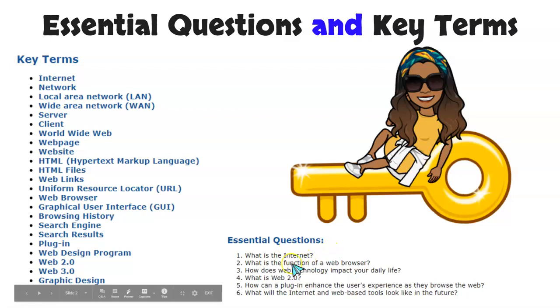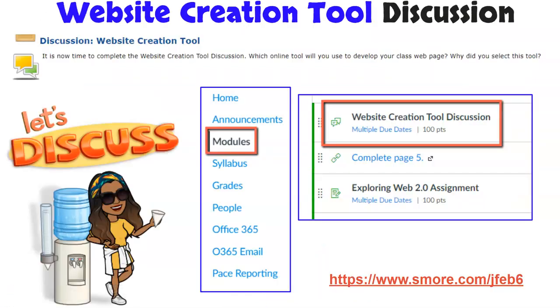So you're going to be learning about what the internet is, some basic functions of the web browser, what Web 2.0 tools are, and how technology impacts you in your daily life. So please make sure that you read through the essential questions and be able to answer those questions by the end of the module.